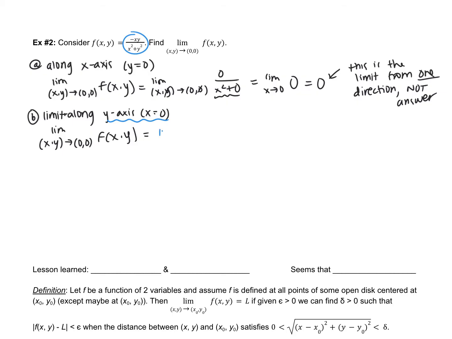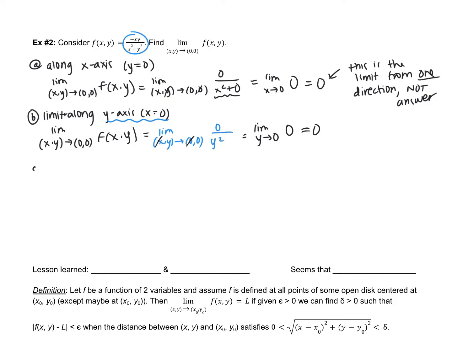So that ends up giving us the limit as (x, y) approaches (0, 0) of 0 over y squared. Okay, we're not evaluating the limit yet. We're just simplifying. Now, we've already handled x is equal to 0. So all that we're left with is y is approaching 0. And again, we get 0.